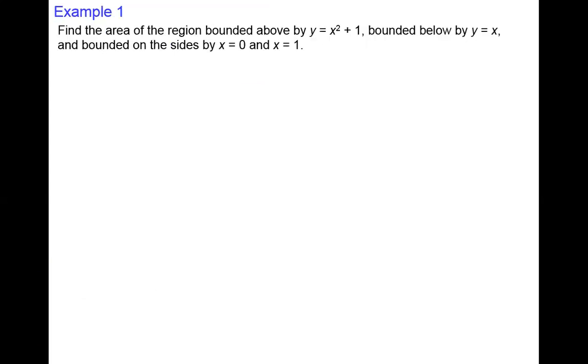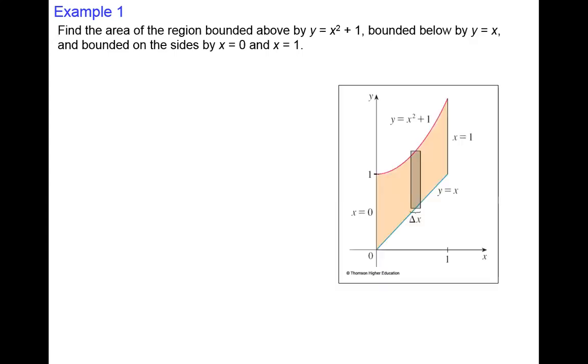Let's use our formulas and find a few areas. Find the area of the region bounded above by the parabola x squared plus 1, bounded below by the line y equals x, and bounded on the sides from 0 to 1. We have a parabola x squared plus 1, which is just x squared lifted 1 unit up.